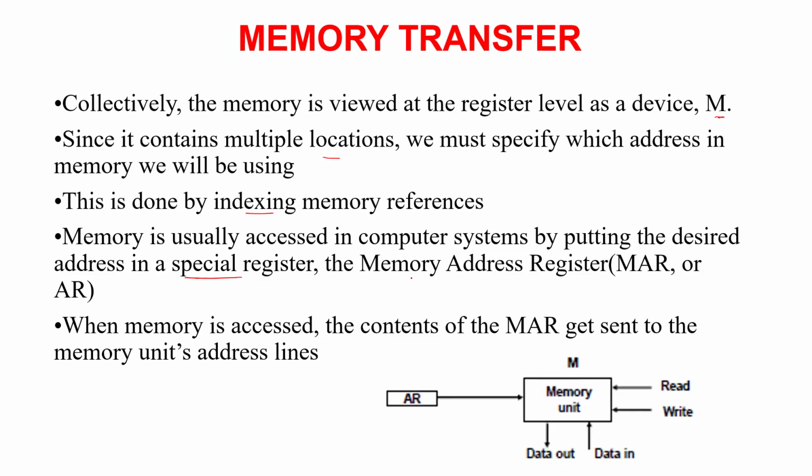That's why it's called the memory address register, or simply the address register. When we try to access the memory, the contents of the MAR get sent to the memory unit address lines.